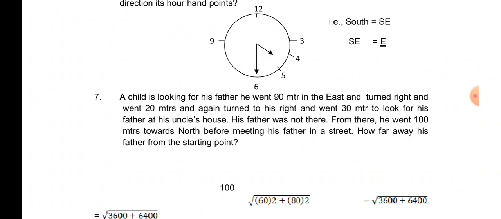He went 90 meters in the east and turned right and went 20 meters and again turned to his right and went 30 meters to look for his father at his uncle's house. His father was not there. From there he went 100 meters towards the north. Before meeting his father in a street, how far away is his father from the starting point? This is the question.